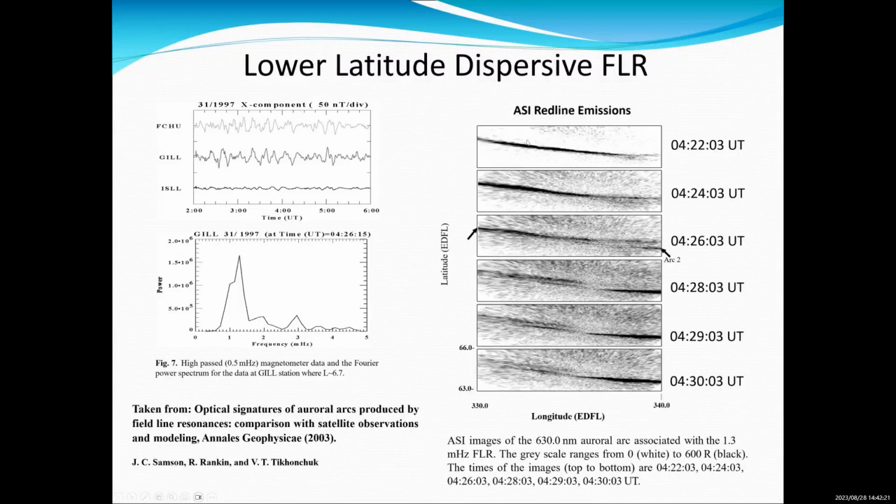But again, if you look at all-sky camera images, you see this periodic reforming arc pattern. In this case, it's in the red line. Most of the intensity is in the red line emission, which is indicating hundreds of eV electrons that are produced under this field line resonance, causing again a discrete arc.